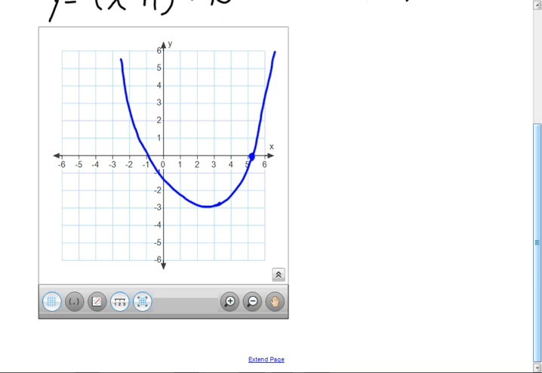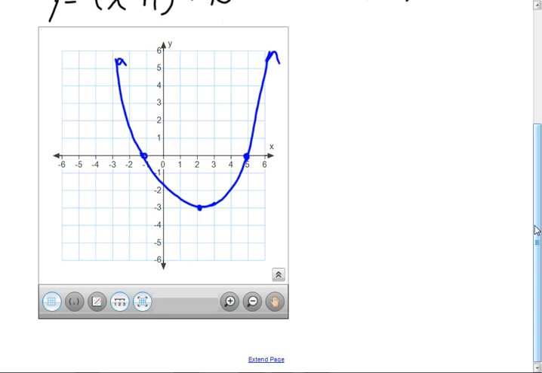And that's okay for a vertex. Okay, I would take any parabola, and we have different characteristics for this parabola.